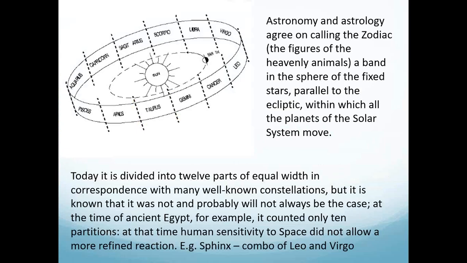We think of the Sphinx, which is a combo of Leo and Virgo, right? You have the body of the animal, Leo, and you have the face of Virgo, the Virgin. Because at that time, the instinctual nature of man was still really, really strong and high.